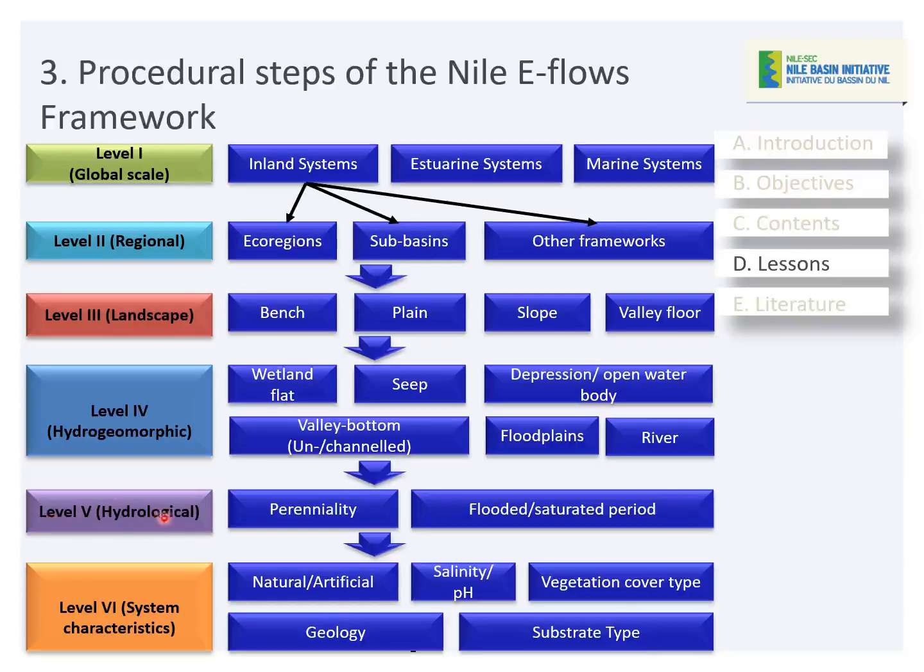Then the hydrological perenniality is considered, and flooded or saturated periods are considered, for example, which is very important from an environmental flow context. And then the system characteristics, which is a level 6 characteristic, which would consider the natural or artificial attributes, the salinity and pH, water quality attributes, vegetation cover and characteristics, geology, substrate type characteristics, for example. Those system-specific characteristics that we consider.